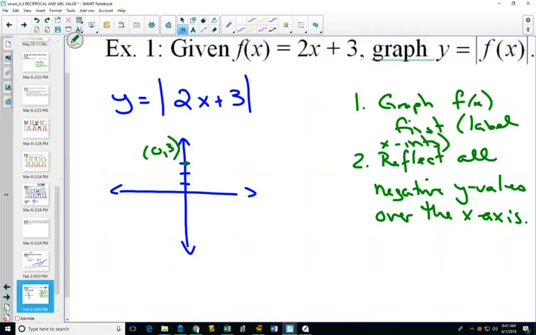And because it has a slope of 2, we would go up 2 over 1. Down 2 over 1.